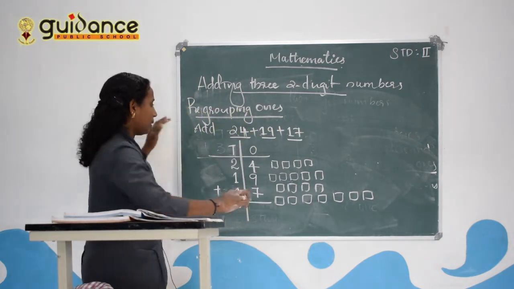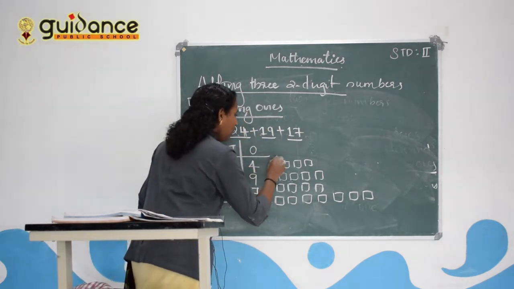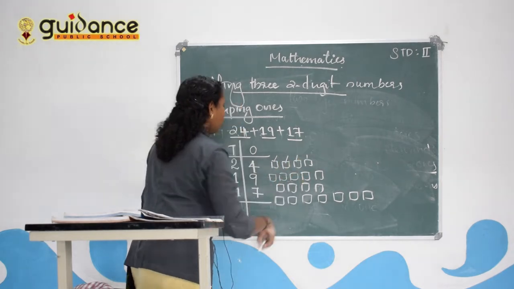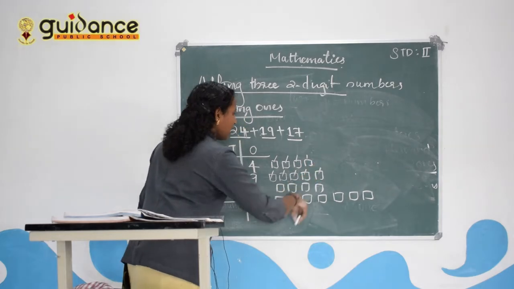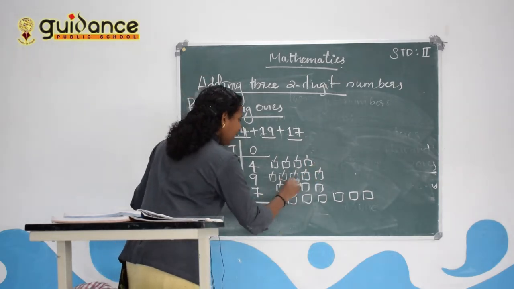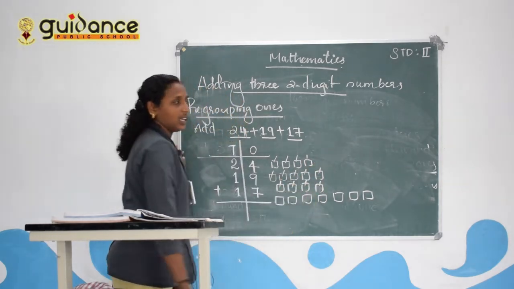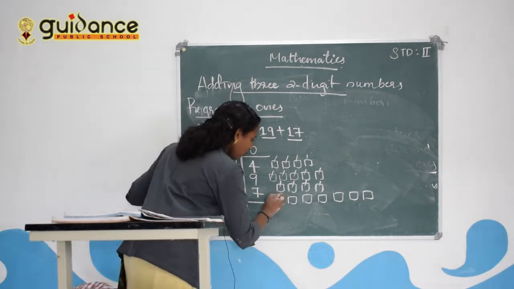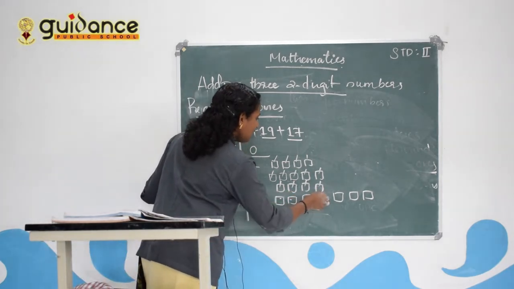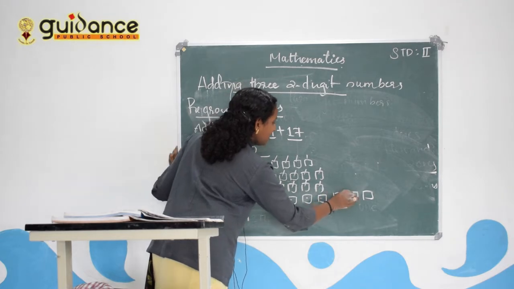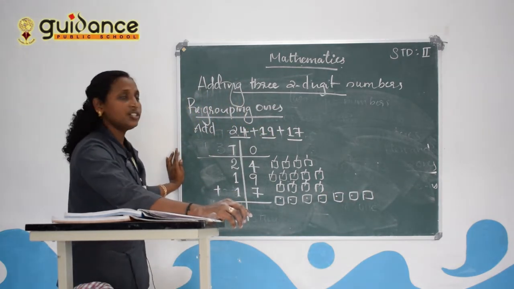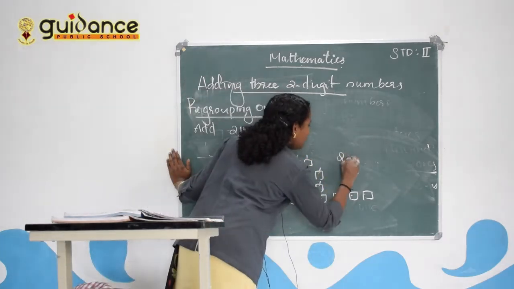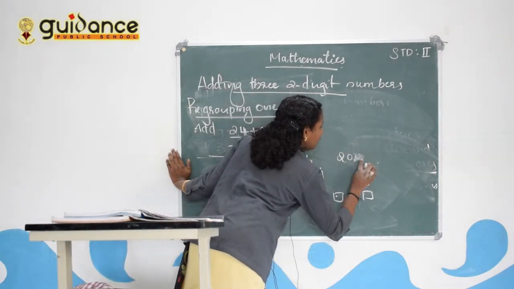To add the numbers: 1, 2, 3, 4, 5, 6, 7, 8, 9, 10, 11, 12, 13, 14, 15, 16, 17, 18, 19, 20. What is that? 20. That means 20 ones.